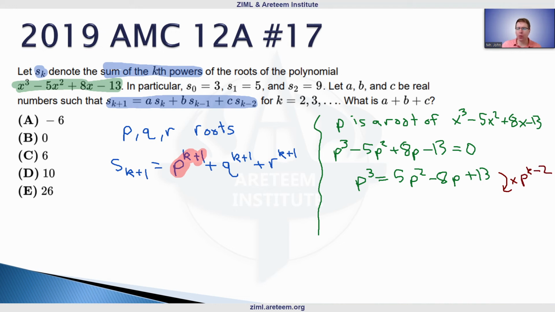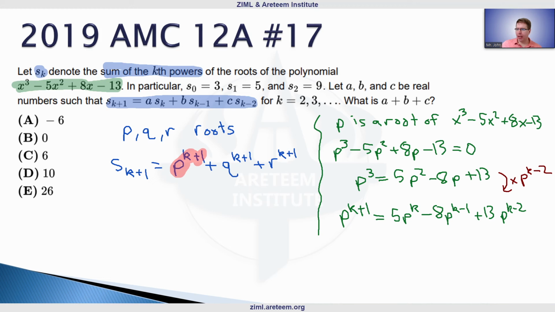If you want to look at a specific example, maybe that's an easier way to look at things, but let's just follow the problem. If we multiply by p to the k minus 2 on both sides, we have p to the k plus 1, which is our matching p to the k plus 1. And these coefficients are the same. So we have 5p to the k, minus 8p to the k minus 1, plus 13 times p to the k minus 2.